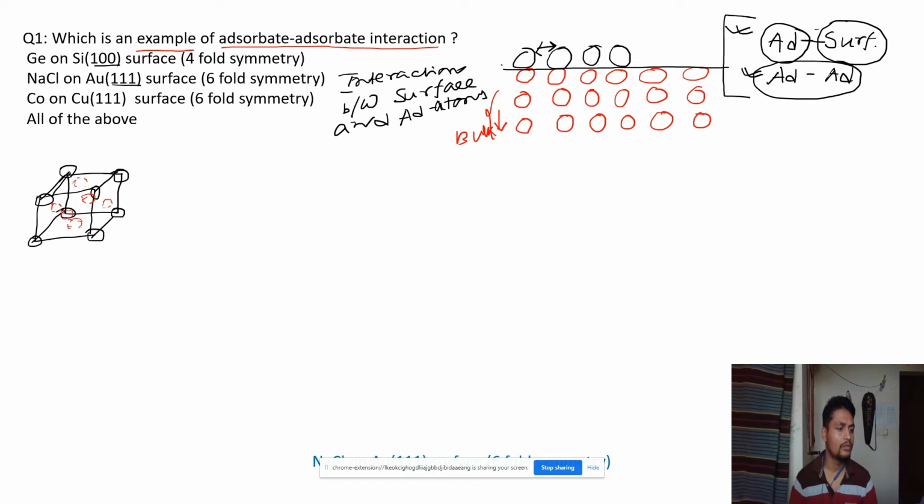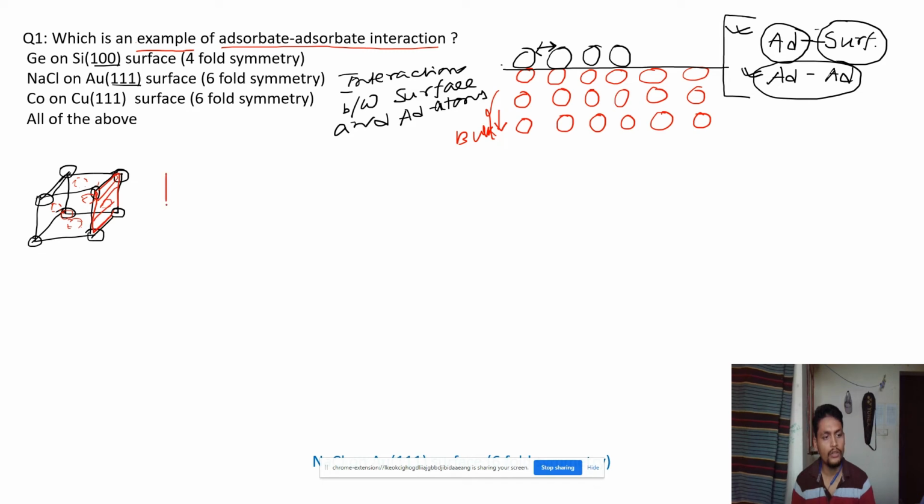So this will be the FCC lattice. Now if I want to draw FCC 100, we know how to draw that Miller plane. It will intercept the x-axis, and it will be parallel to the other two. So this plane.